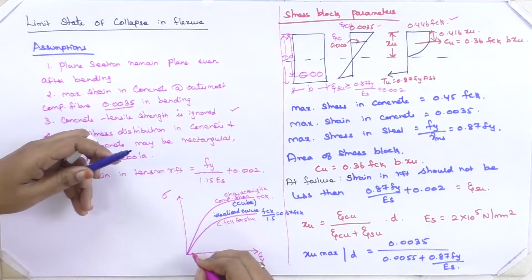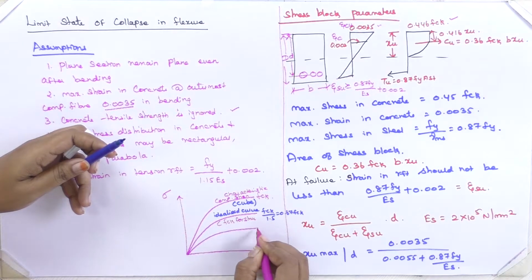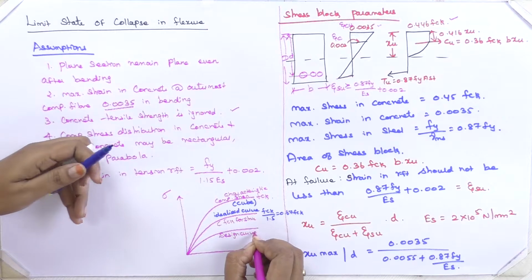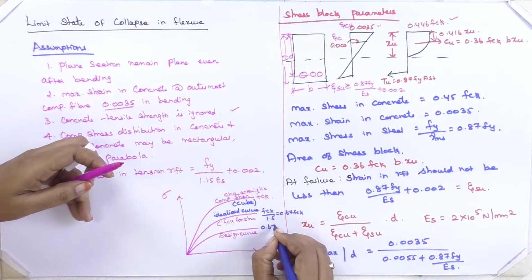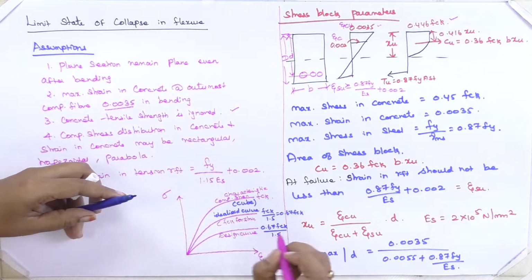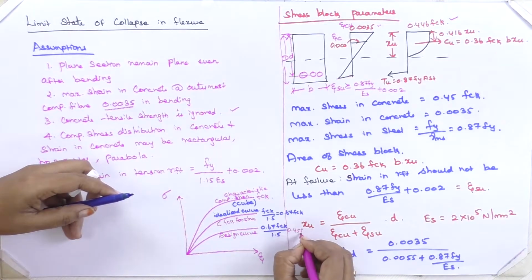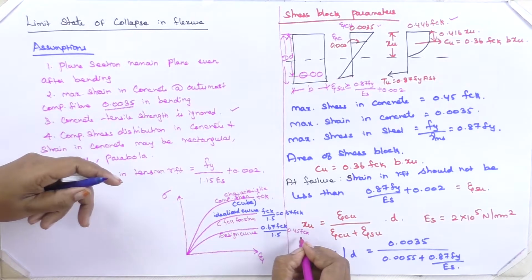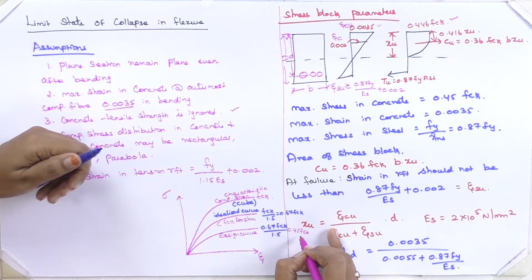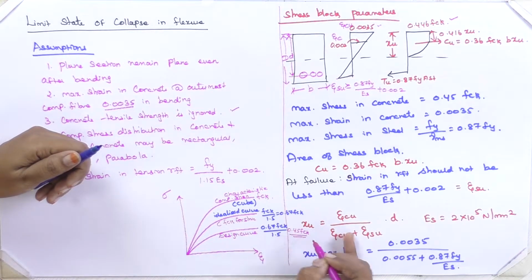For design purposes, you need to draw a design curve. This is the design curve. In this design curve, you will get 0.67 FCK divided by 1.5, so you will get 0.45 FCK. This is the stress in concrete, so the ultimate stress will be 0.45 FCK.